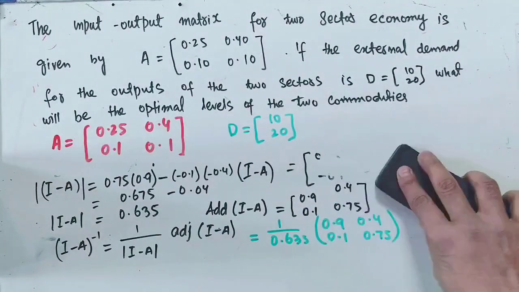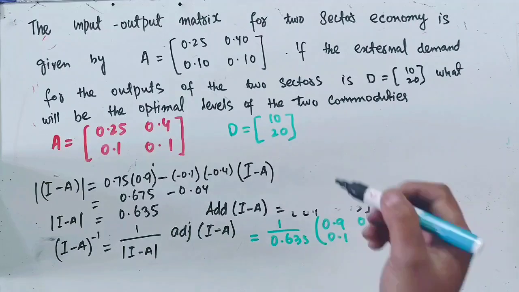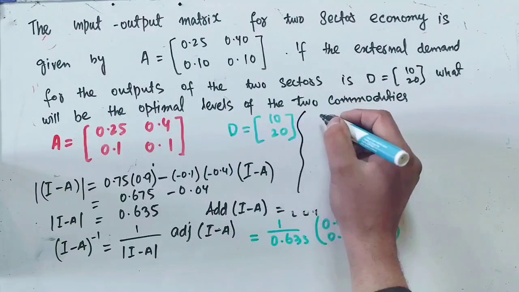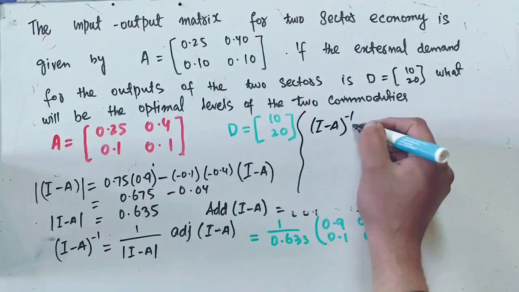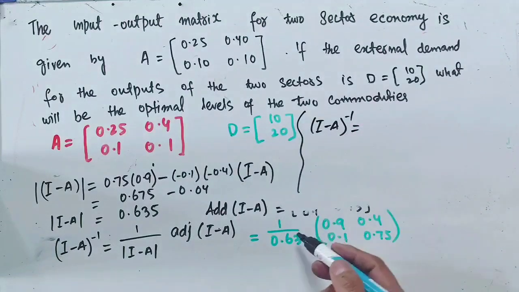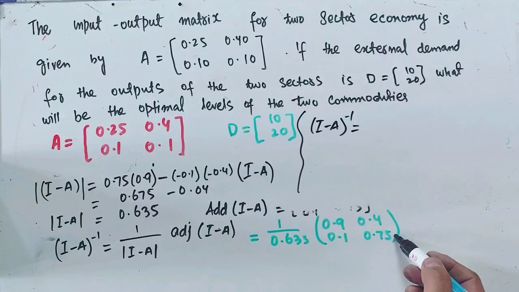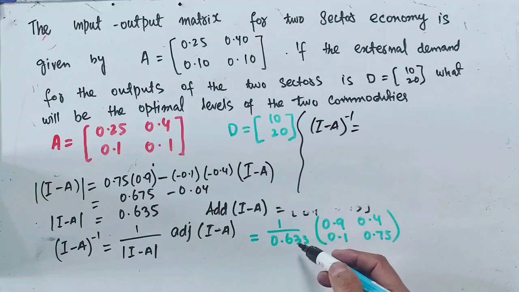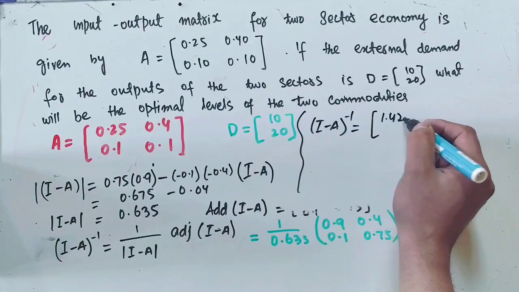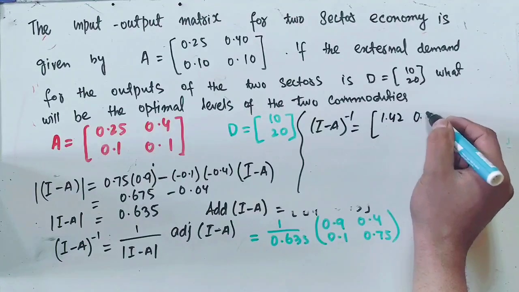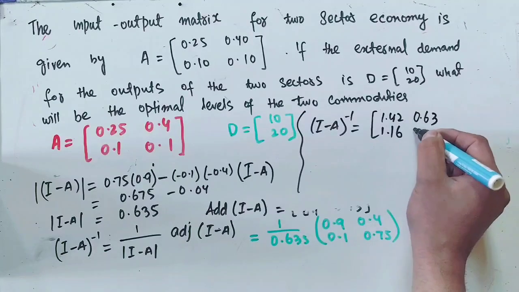Now let me rub this out. So I minus A inverse will be equal to, dividing 0.9, 0.4, 0.1, 0.75 individually by 0.635, we get 1.42, 0.63, 1.16 and 1.18.